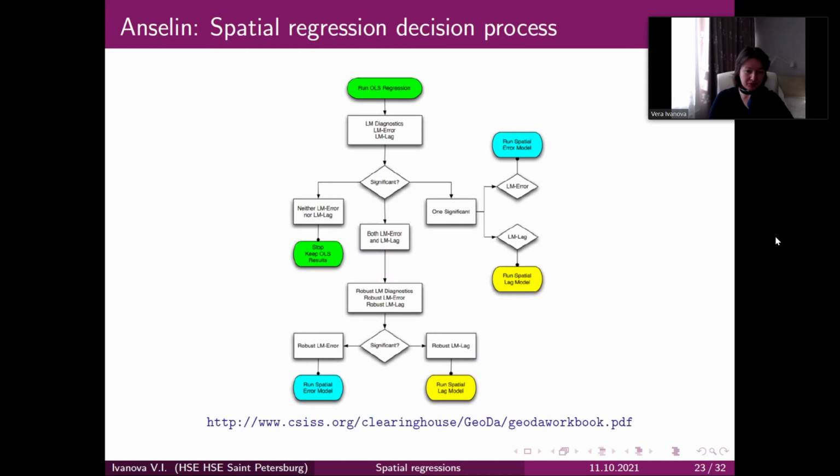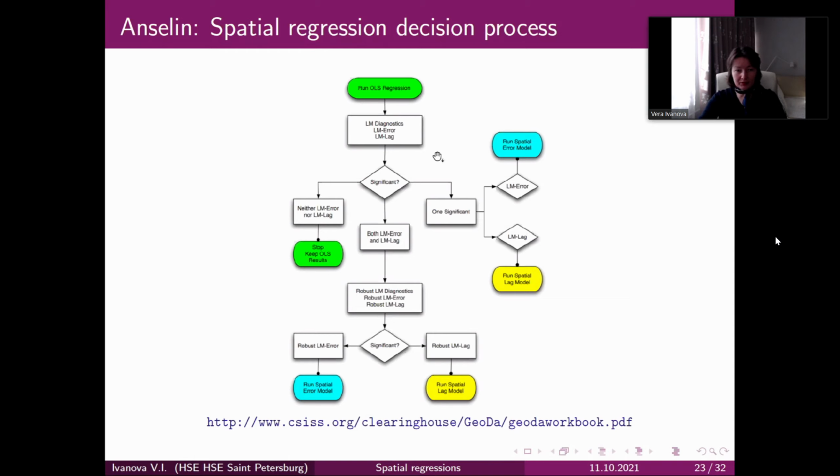Is the spatial lag model, the spatial error model, or the spatial Durbin model the best for us? We cannot say it using Moran's test. Moran's test reveals only spatial autocorrelation in residual values.